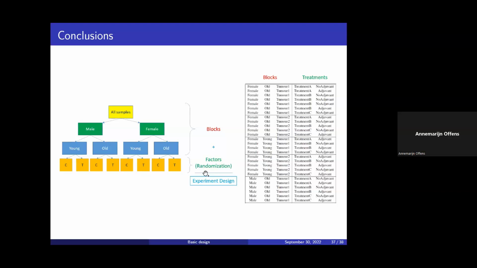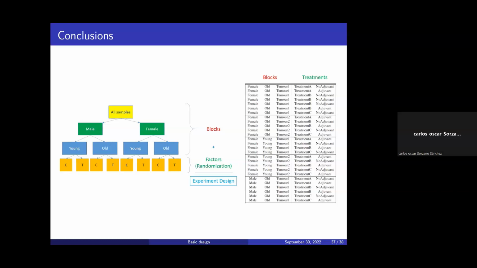But I was wondering, because we cannot really control all of the variables, because you're breeding the mice and you just get what you get. So you have a number of females and males, and they have a certain age. It's not always possible to perfectly divide that into blocks and have enough of the combinations. So how do you deal with that?